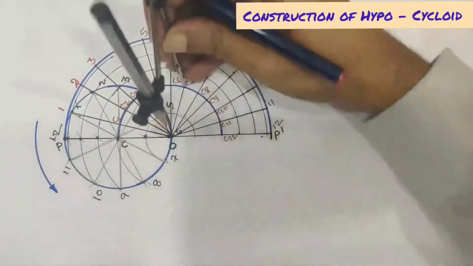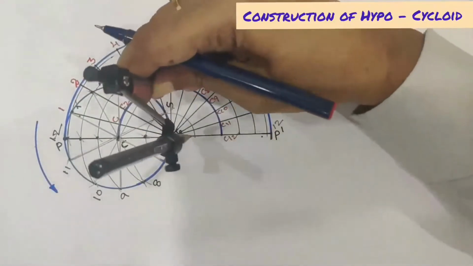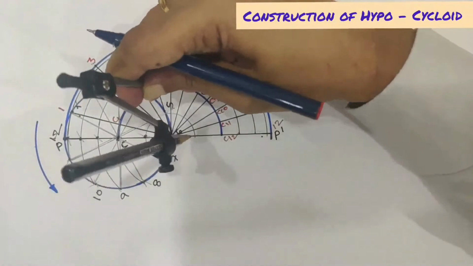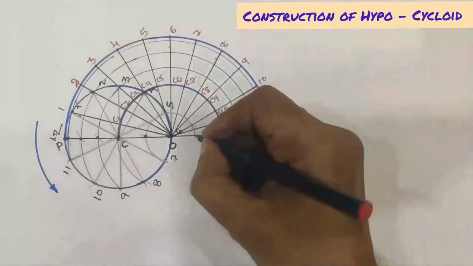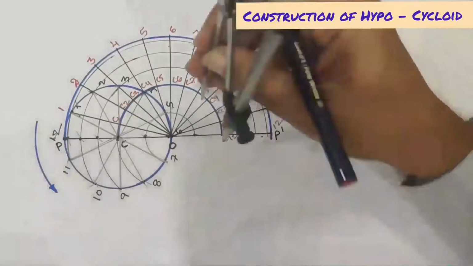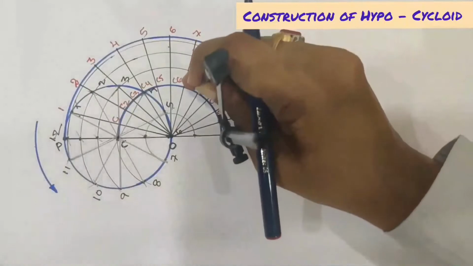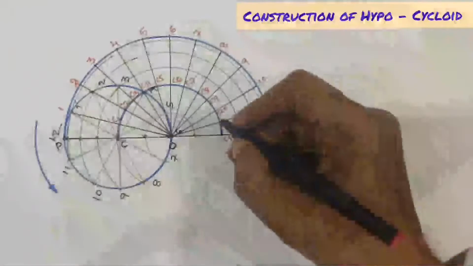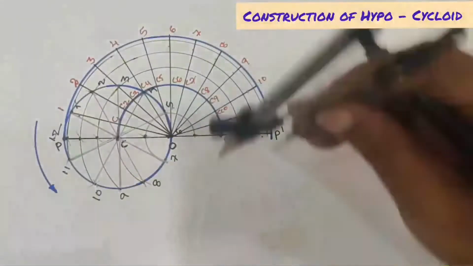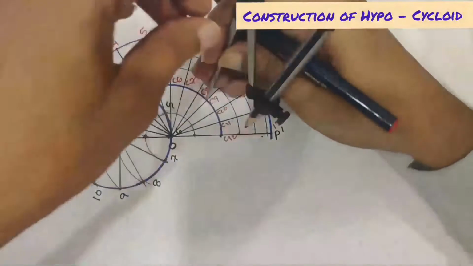Similarly, repeat the procedure for the remaining points, say P7, then C8 as a center, P8, then C9 as a center. Repeat the procedure.